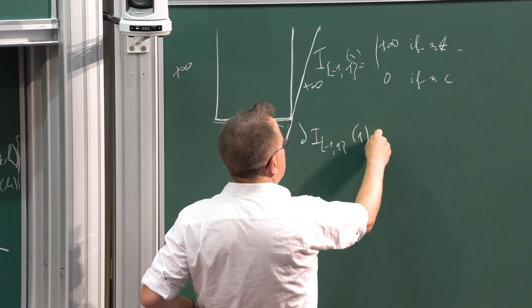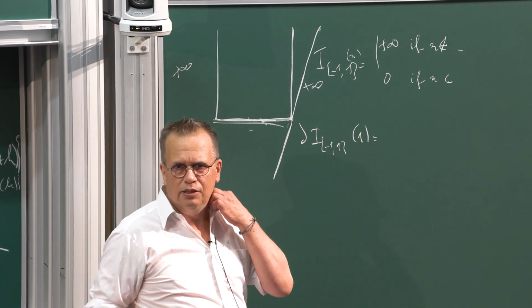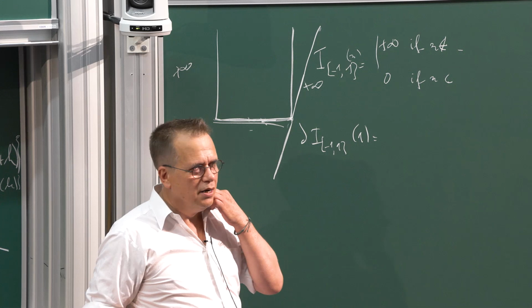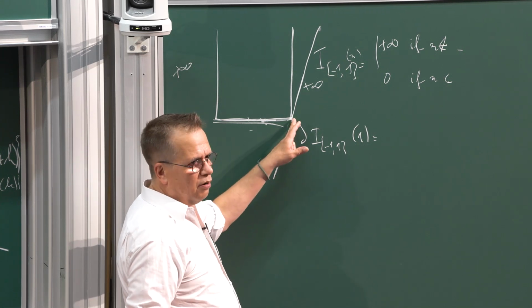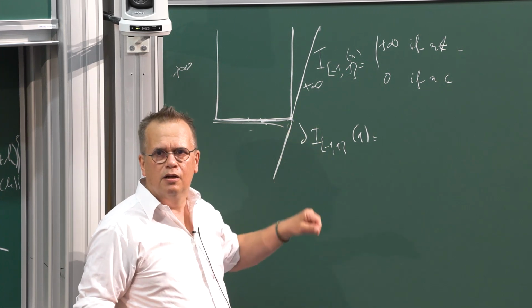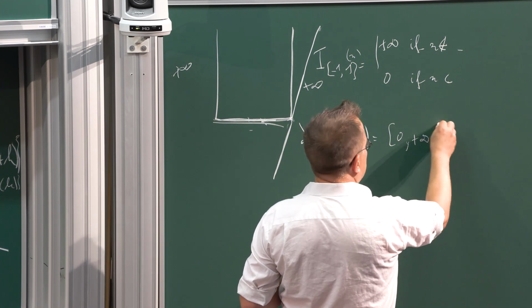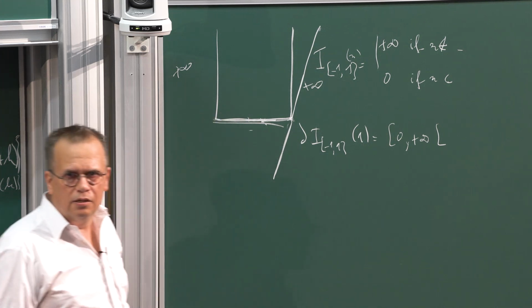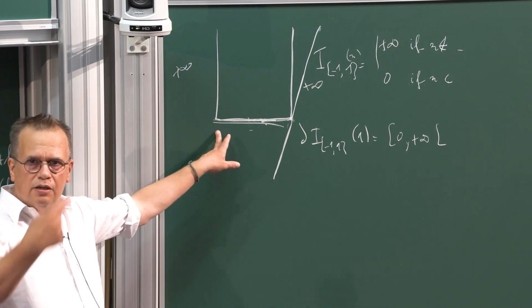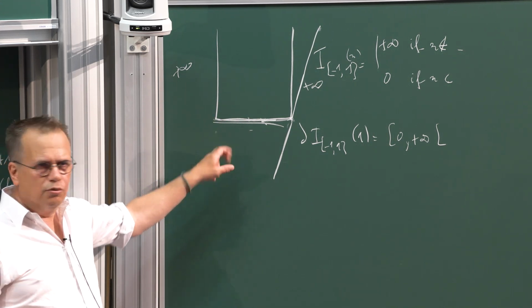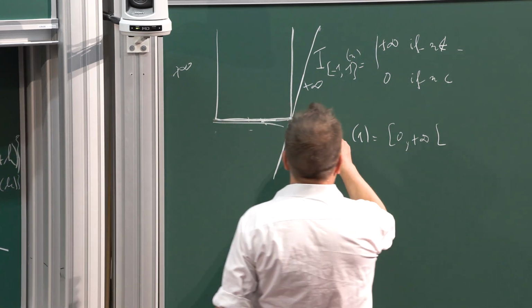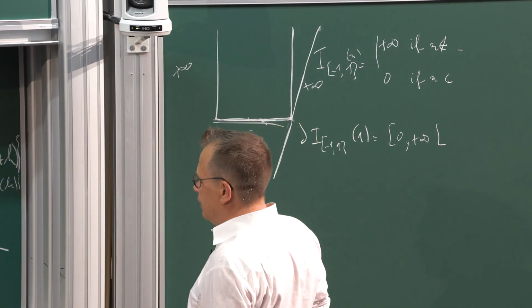So at point 1, you see what it is? The set of slopes of lines which remain below, 0 to infinity, simply. So it's well defined and it's okay. And here that would be minus infinity to 0.